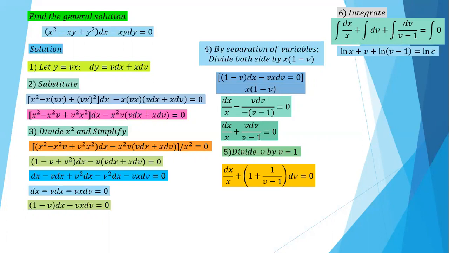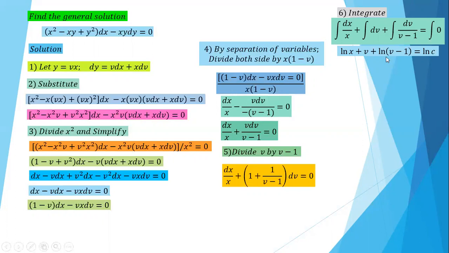So we have now ln of x. The integral of dx over x is ln of x, plus the integral of dv is v, plus the integral of dv over v minus 1, since the derivative of u equals v minus 1 is dv. So we have du over u, which equals ln of u plus c.